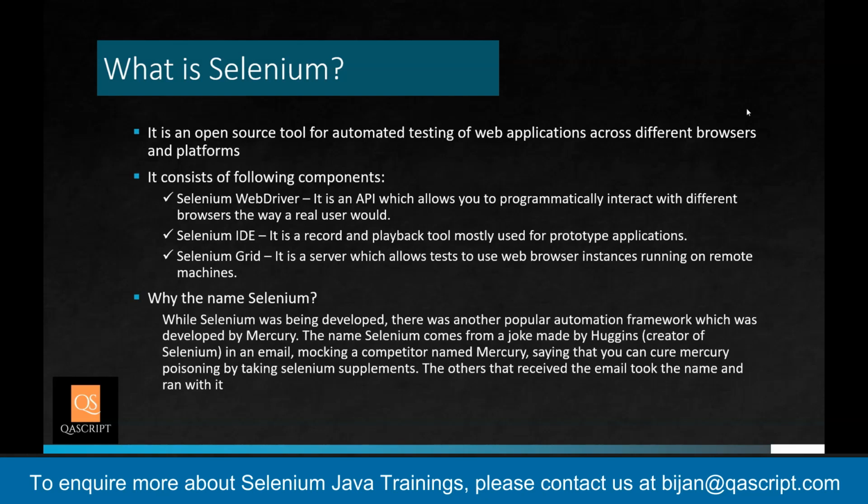So an interesting fact, if you don't already know this, is where the Selenium name came from. Initially, when they were developing this tool, there was another automation tool which was being developed by Mercury, right, which was a rival company at that time. So the creator of Selenium, Huggins, actually dropped an email to his team saying that mercury poisoning can be cured by the selenium supplements, right?